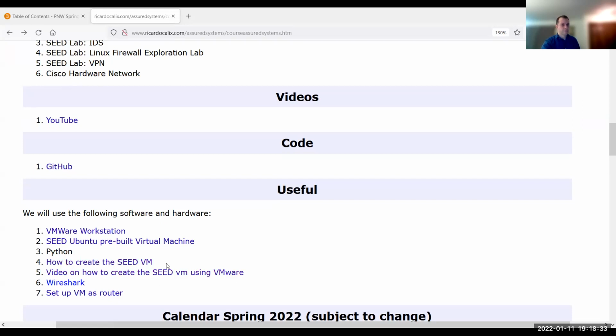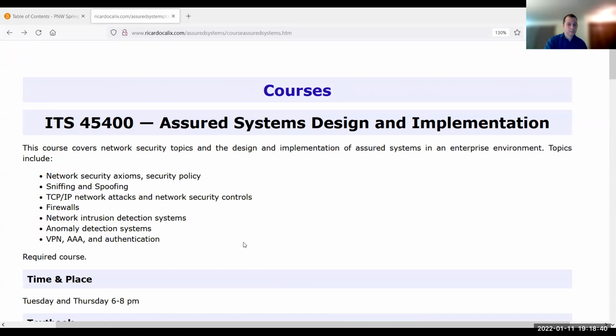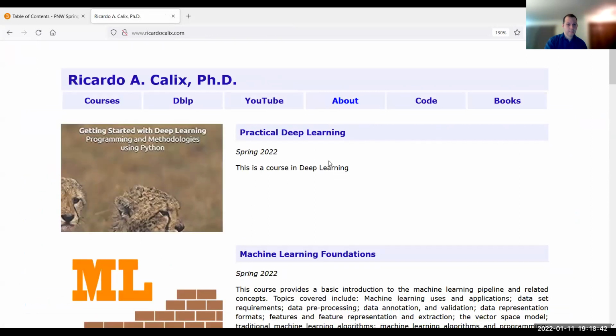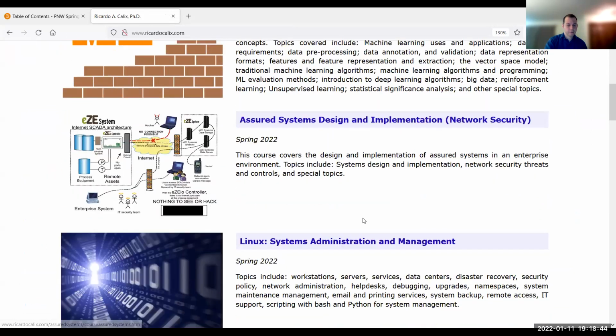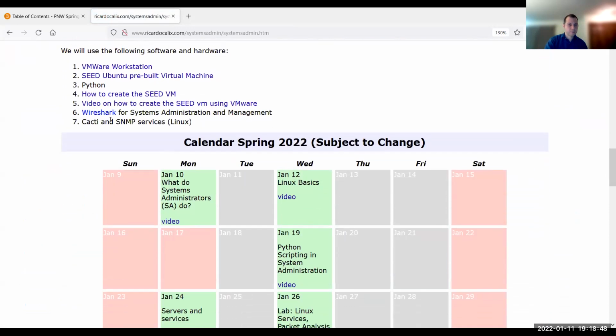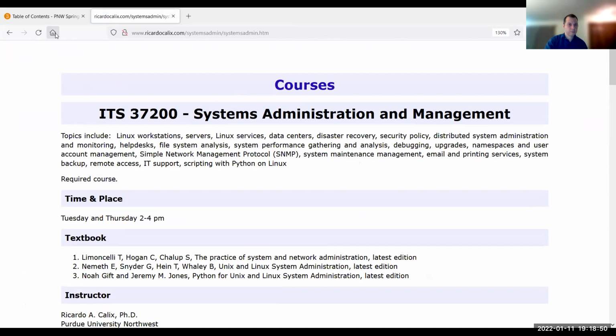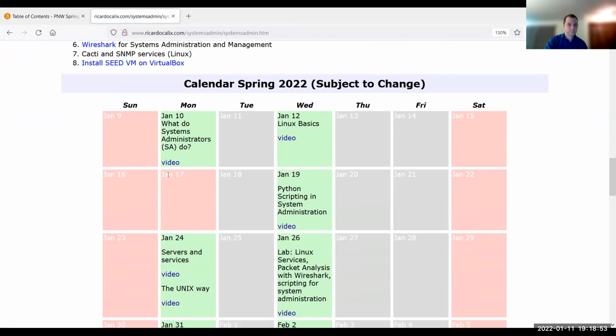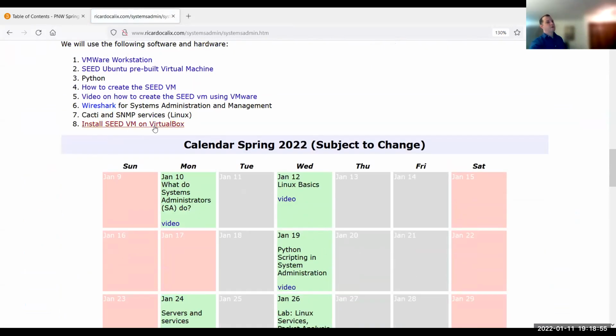As I said, if you don't know how to create the VM, I'm going to add a new link, but I'll just show you. I have it here: install CVM on VirtualBox.